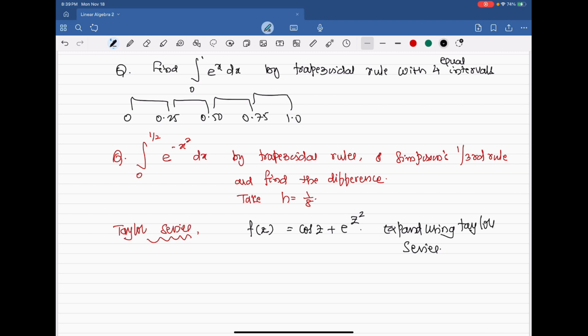For certain integrals, we have numerically found the values and compared them with the traditional method values. We found the values from Simpson's 1/3 and also trapezoidal, and we found the difference. The error was found to be minimal, but still there is some difference, because the analytical solutions will differ a little bit from numerical values.